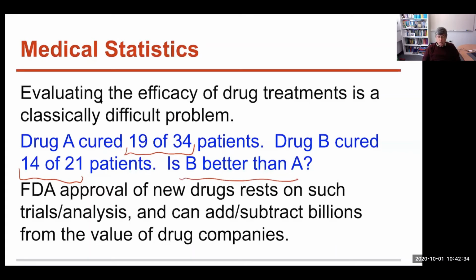This is a statistical test, and we would like to know that, with a certain level of confidence, we believe that drug B is better than drug A. If so, we will license drug B, and the company can sell it and make money. And if not, we're not going to let them do it. Any questions about where significance plays a role here? It's about whether we see an observation and whether we believe it's right. Any questions?